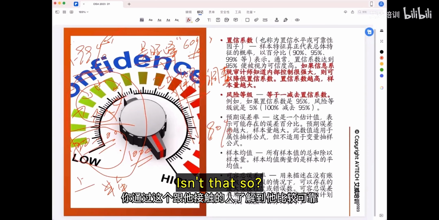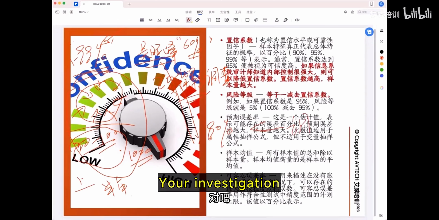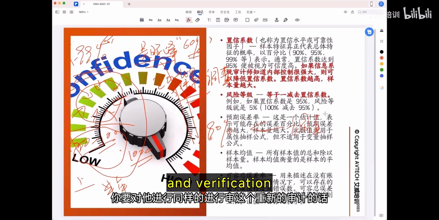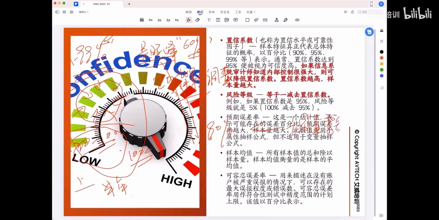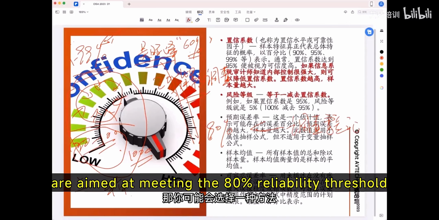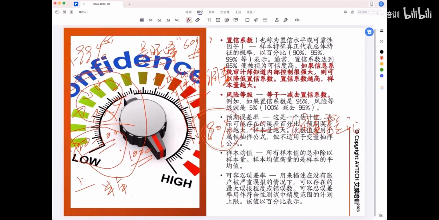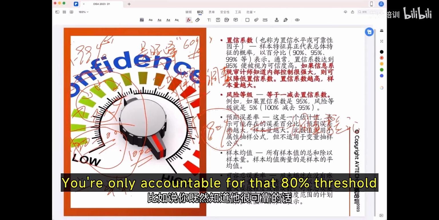Isn't that so? Your investigation and verification are aimed at meeting the 80% reliability threshold. You're only accountable for that 80% threshold.